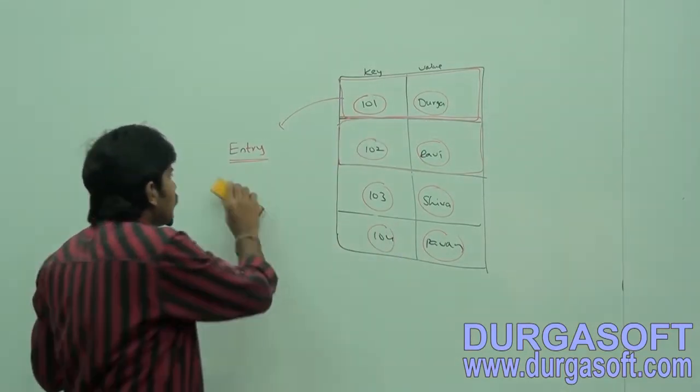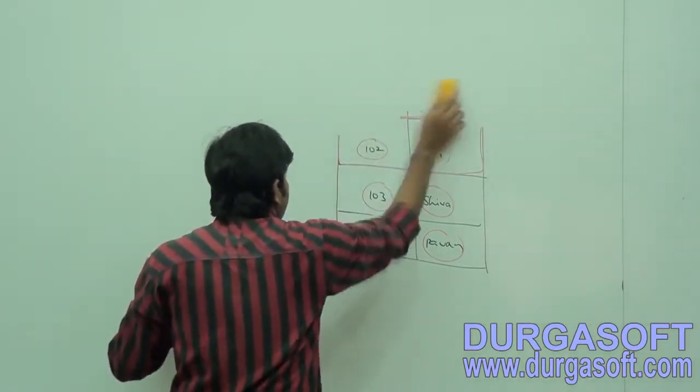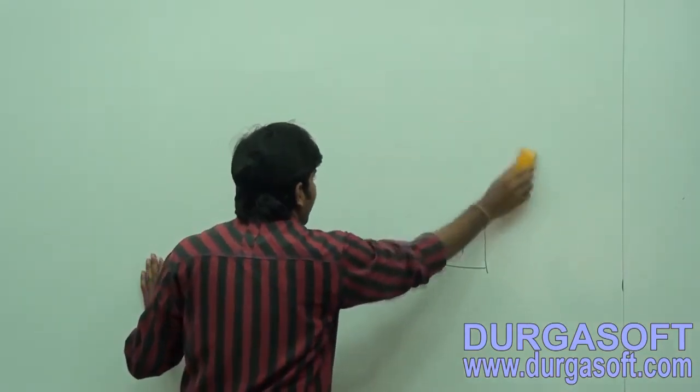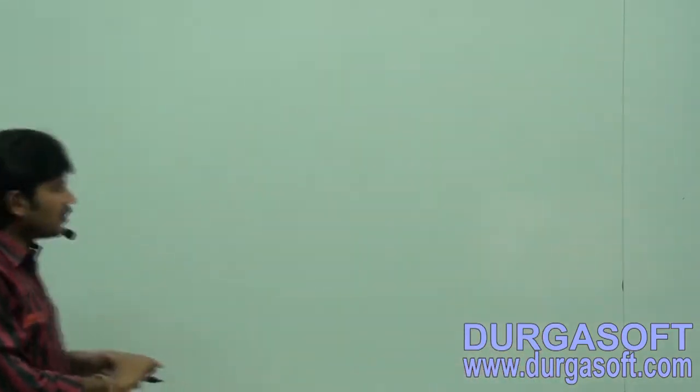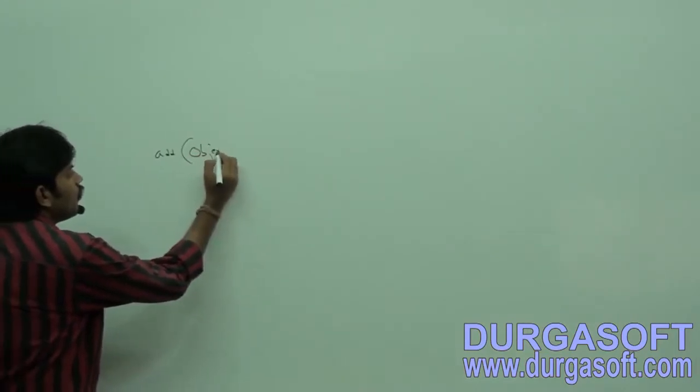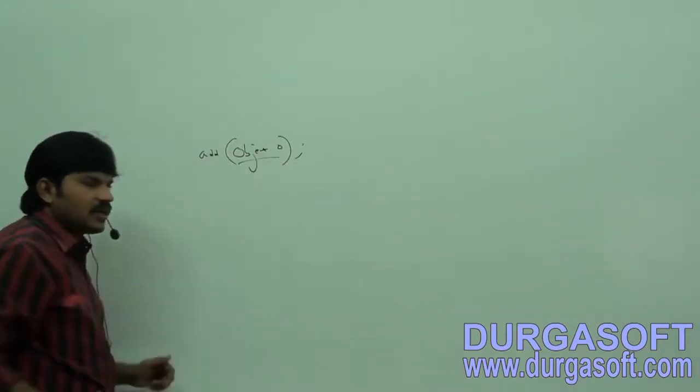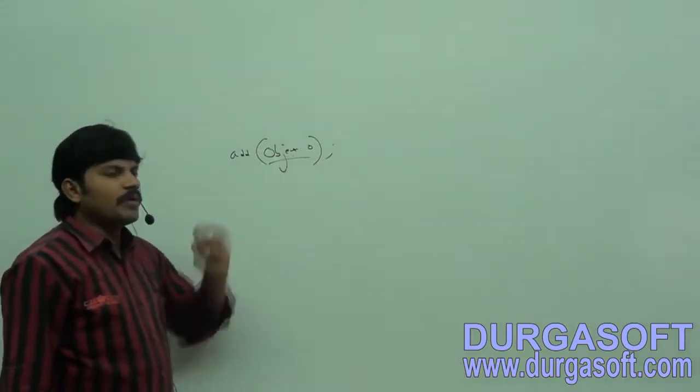Okay, now the next terminology. Here, map is nowhere related to collection, correct or not? The map concept is nowhere related to collection. So the Map interface defines some special, map-specific methods. In the case of collection, if I want to add an object, which method do we call? The add method, right? The add method can take only one object as the argument, because in the case of collection it is a group of individual objects.